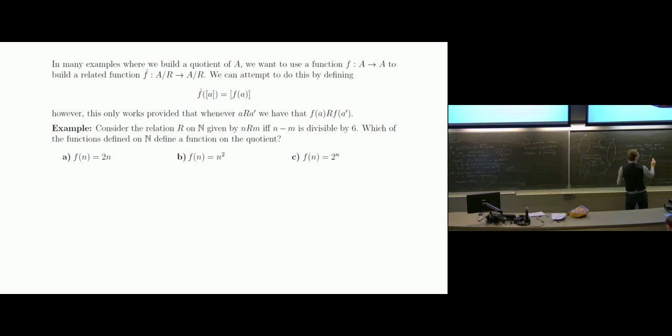When f of little a equals f of little a prime for all equivalent a and a prime. So it's literally just saying that f doesn't send different things in the same piece of the partition to different things in B. So sometimes we would say f is congruent for the equivalence relation. It respects the equivalence relation.